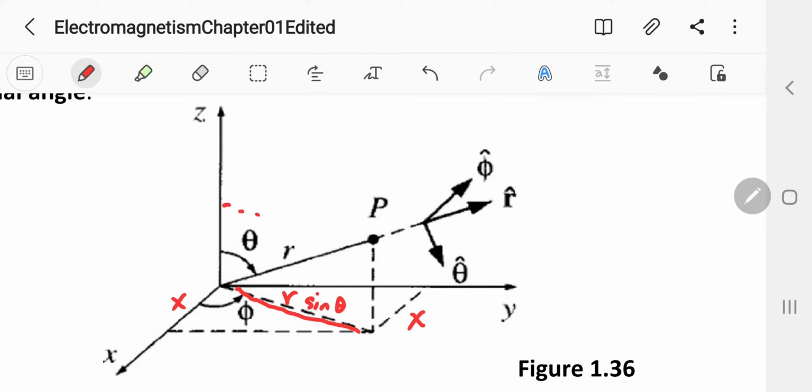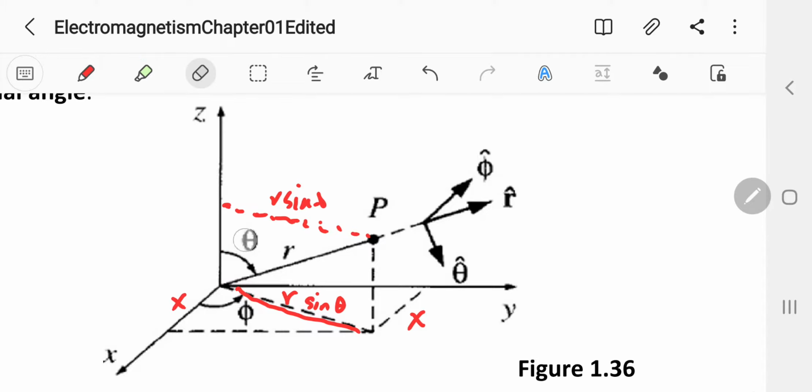Because this is also the same as that, and this one is r cosine theta, this one is r sine theta. So this is r sine theta.